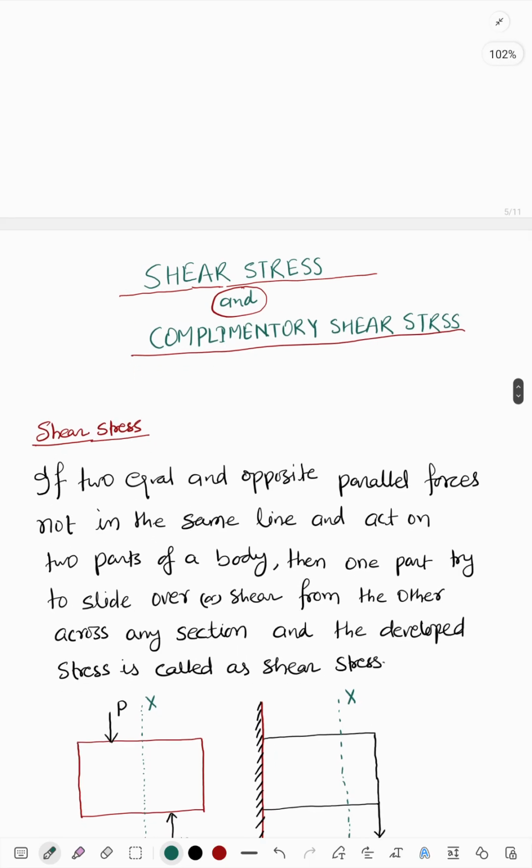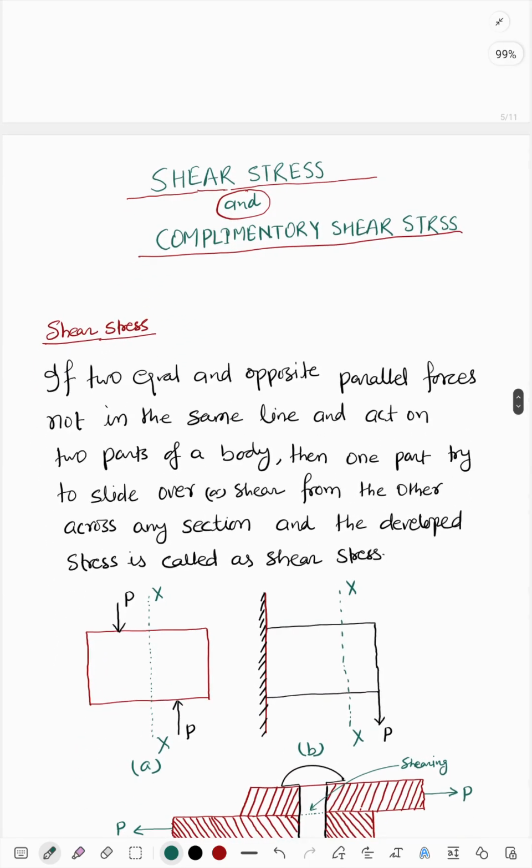As we can see in figure A, there are two forces P. We have taken one plane, that is one section x and x, and by providing the section we have divided the body into two sections, and the forces acting on both sections are opposite and not lying on the same line.